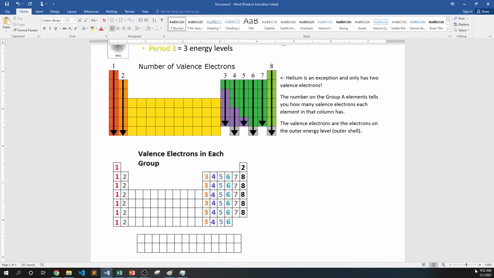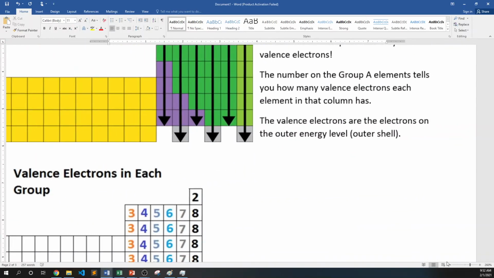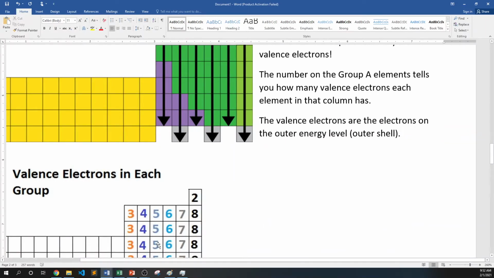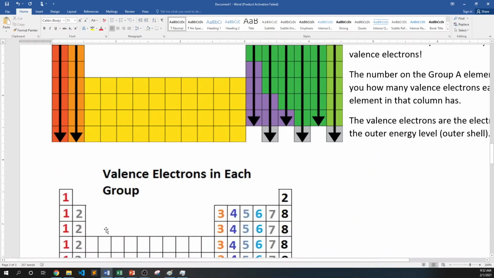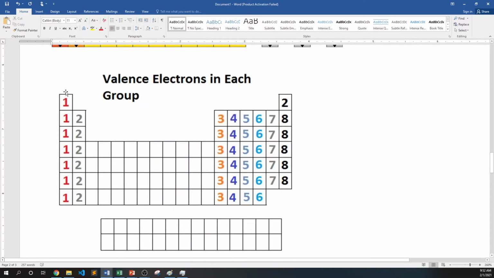If we zoom in here, we can see that helium is the only exception. So look at this. Everything in this column has one valence electron. Everything in this column has 2. Everything in the boron group has 3. Everything in the carbon group has 4.